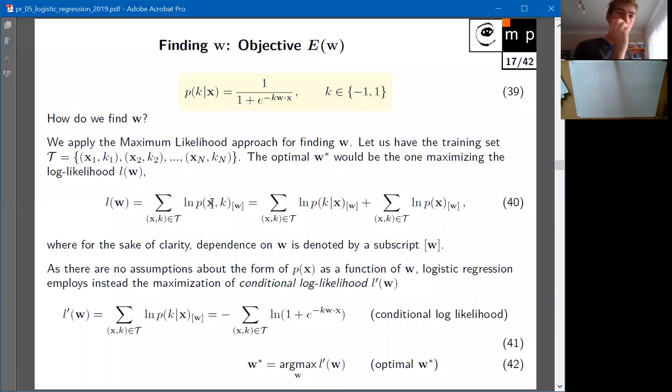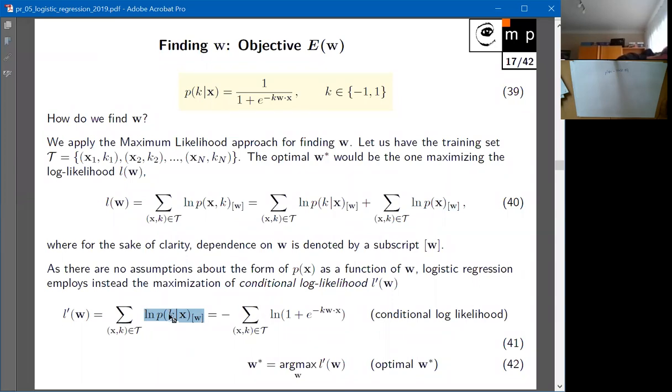So we'll say log P of X and K, but that's the same as log P of K given X plus the sum of log P of X. Here we just use that P of K, X is the same as P of K given X times P of X, and because P of X does not depend on the W, when we want to maximize, we can drop it.